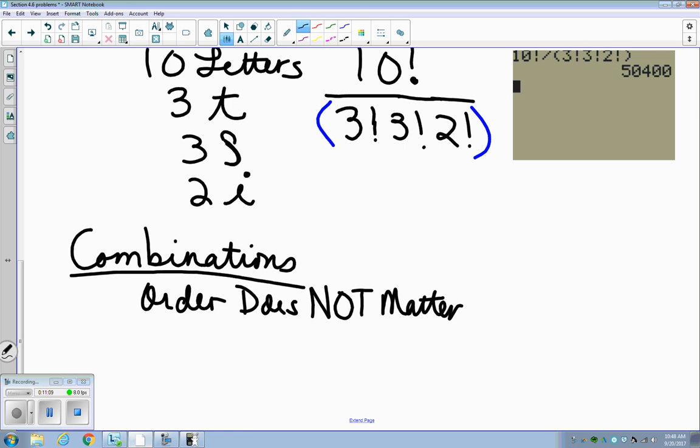And that's when you're going to use that, I think it's number 3 on your calculator, where it says NCR. Okay? NCR.